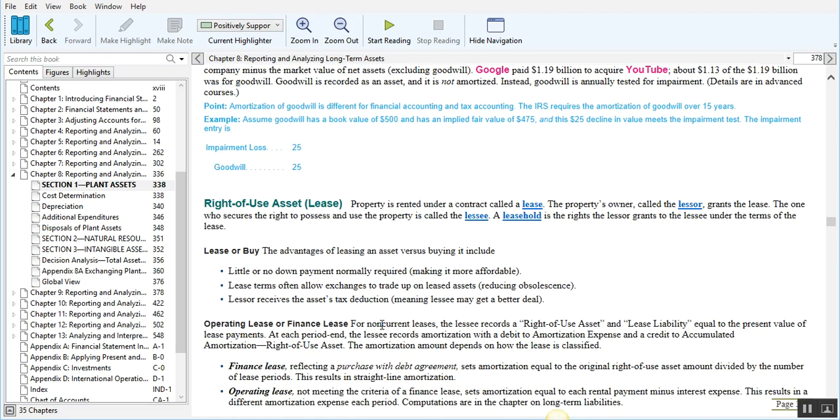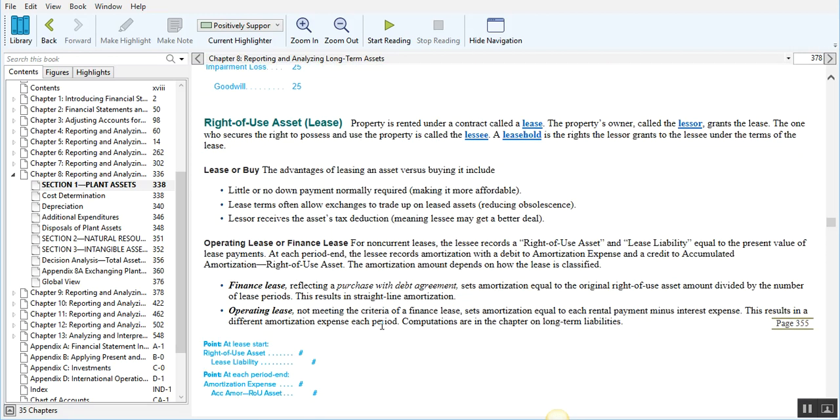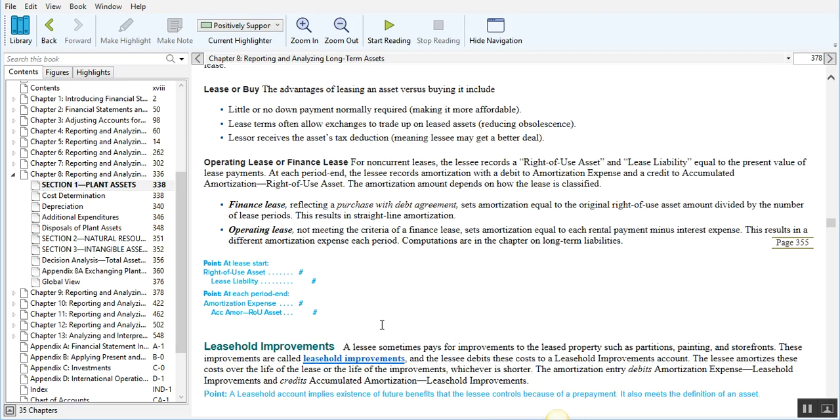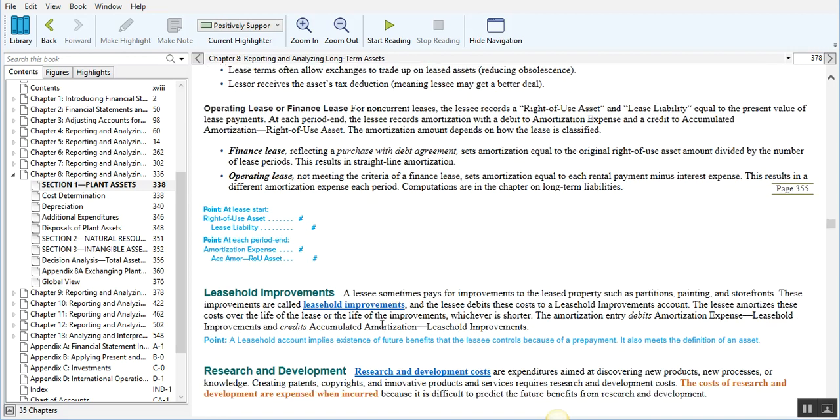And then the right of use asset, which is a lease. It's basically a lease or a leasehold. These are rights that you're granted under the terms of a lease. So you may lease a building, and then you have leasehold improvements. Under the leasehold, you may actually customize the building.